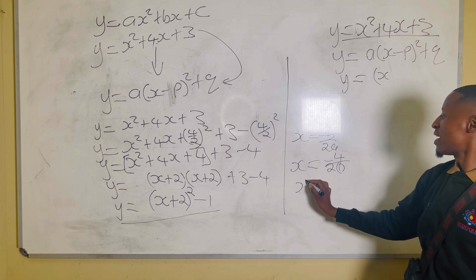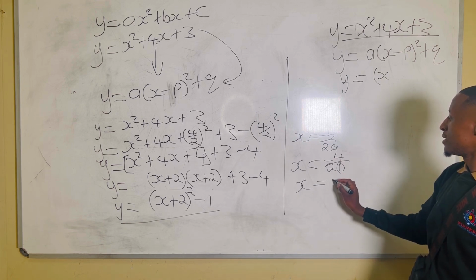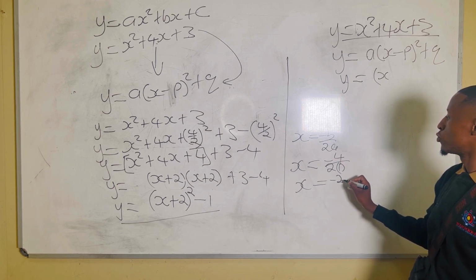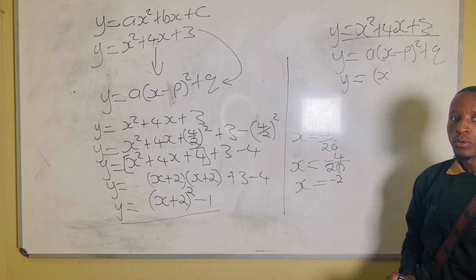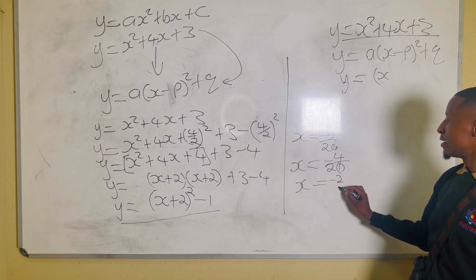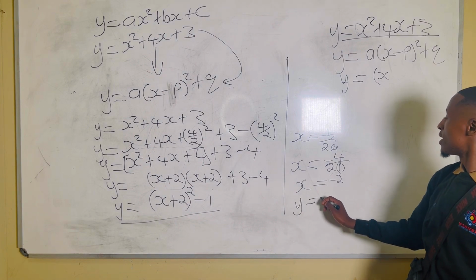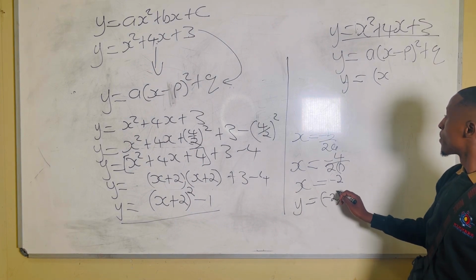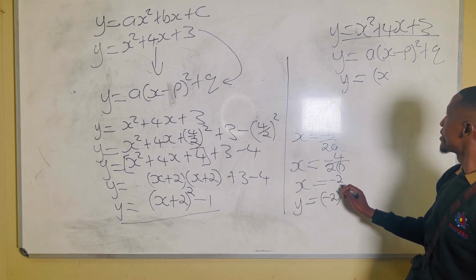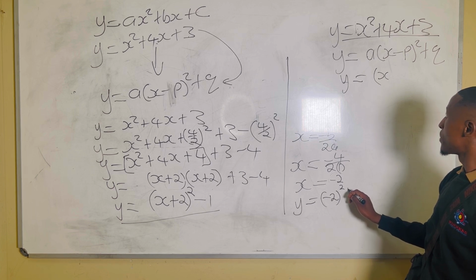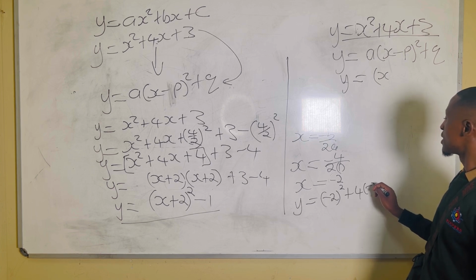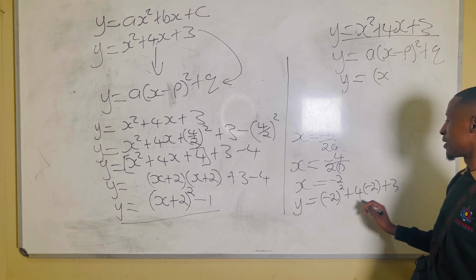So if you simplify this, you're going to get x is negative 2. Then to get the corresponding y value of the turning point, take this and substitute it into the original equation. What I'm going to have is negative 2 squared plus 4 times negative 2 plus 3.